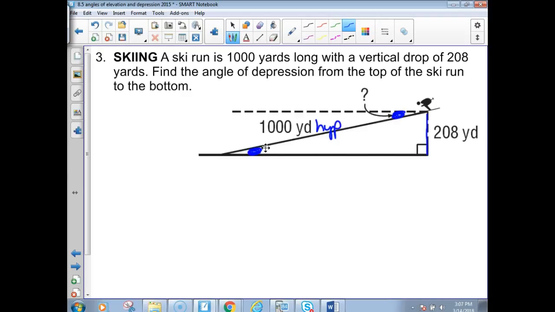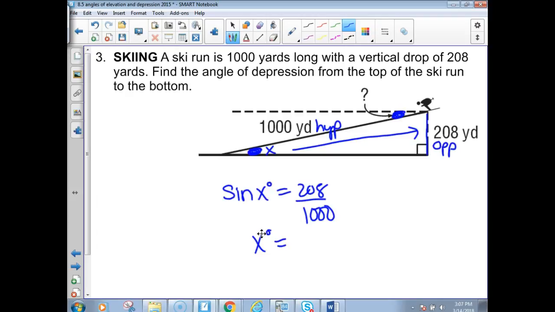Okay, so we're going to find this angle. Opposite would be your 208, and hypotenuse tells me to use the sine. So the sine of x degrees equals 208 over 1,000. So we're going to hit second sine. It will look like this on your calculator and put in that fraction.